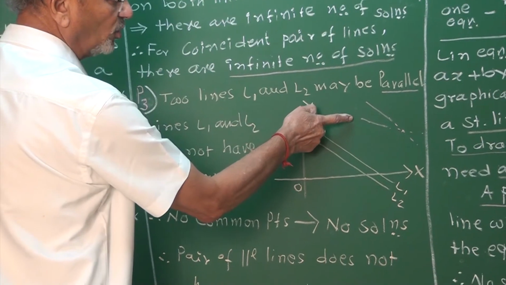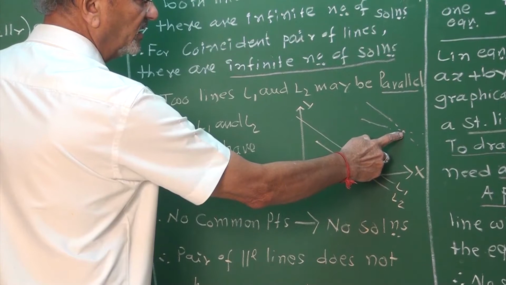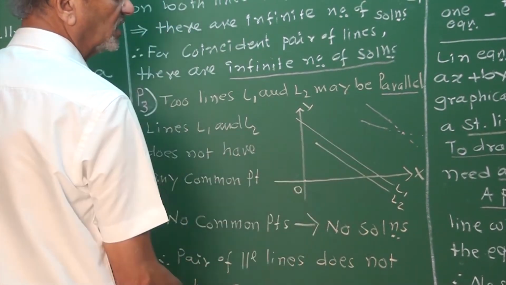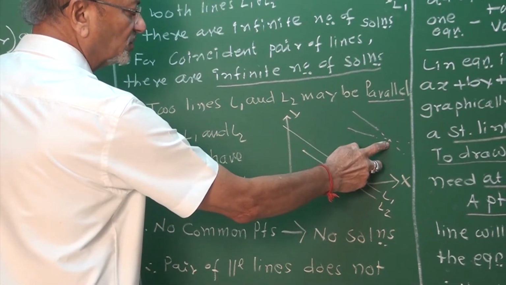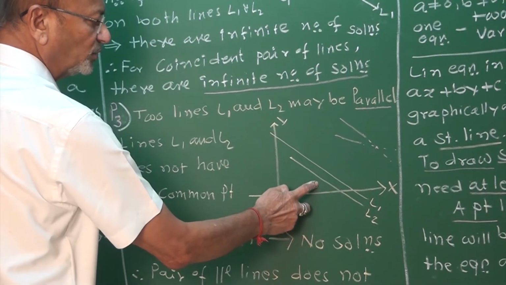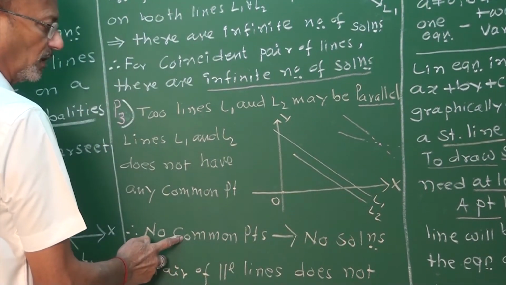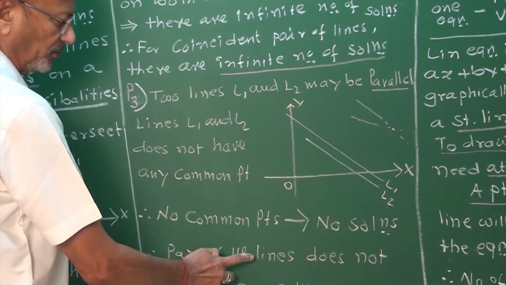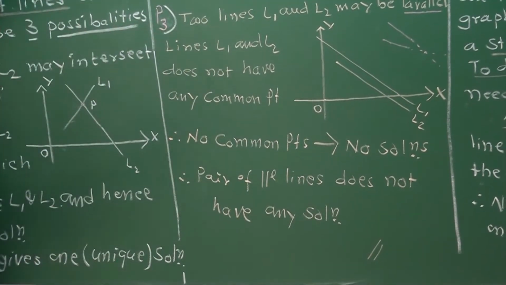The lines which are not parallel, if you proceed these two lines, they intersect at a point. Intersection means it's a common point on the lines L1, L2. Then there is a solution. Not parallel, there is a unique solution, because the lines will intersect. The lines which are parallel never intersect, meaning no common points, hence there is no solution. Remember, three cases.